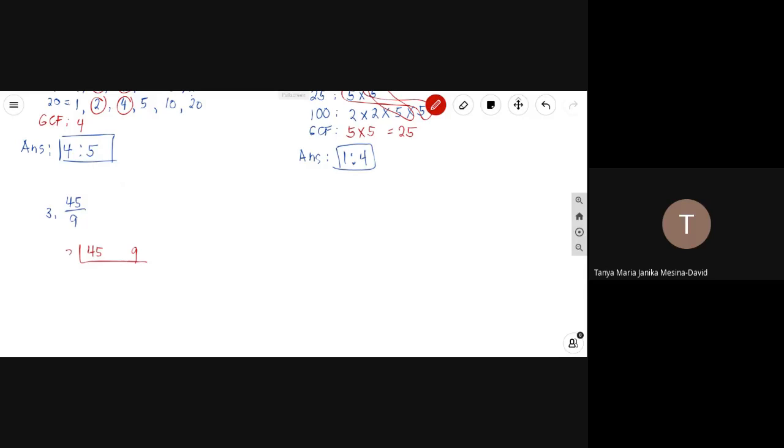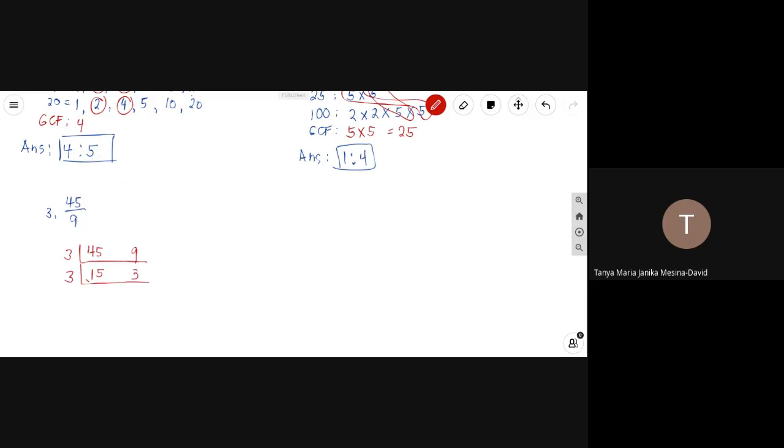I'll divide by 3. 45 divided by 3 is 15, and 9 divided by 3 is 3. We divide continuously because 15 and 3 can still be divided by another prime number. Actually, I can still divide by 3.